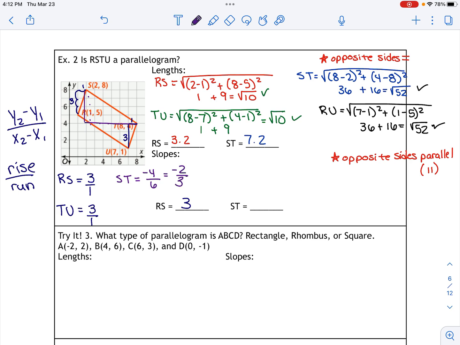Okay, let's see if we get the same thing when we count from R to U. 1, 2, 3, 4. Okay, that was down 4. Let's count over. 1, 2, 3, 4, 5, 6. So it looks like those two come out the same. So on both of these, opposite sides are parallel because parallel lines have the same slopes.